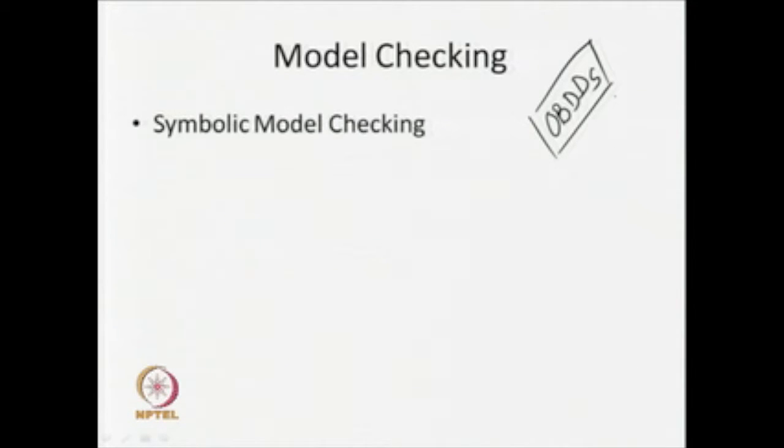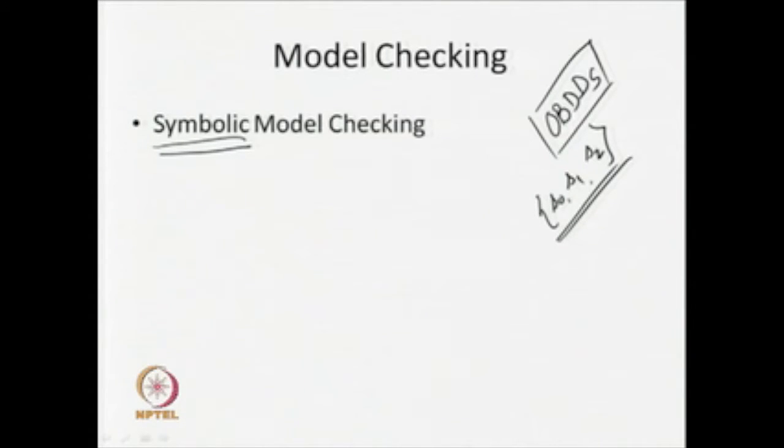We give the term symbolic because here the state transition diagram has been represented symbolically with the help of ROBDDs, and a set of states, a combination of states S 0, S 1, S 2 like that, is again represented with an ROBDD. You can say this is a symbolic representation of this subset. That is why people use the term symbolic model checking.